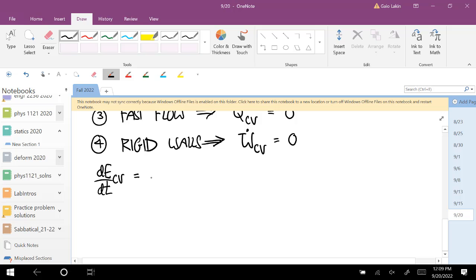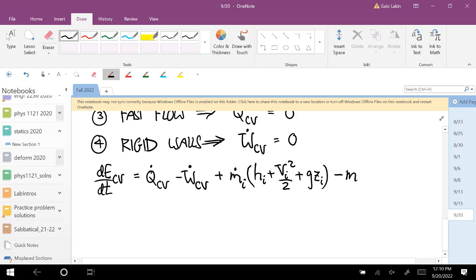So dE dt is equal to Q dot for the control volume minus W dot for the control volume plus mi dot times the quantity hi plus Vi squared over 2 plus g zi, and then minus the same looking thing for the exit, so minus me dot times the quantity he plus Ve squared over 2 plus g ze.